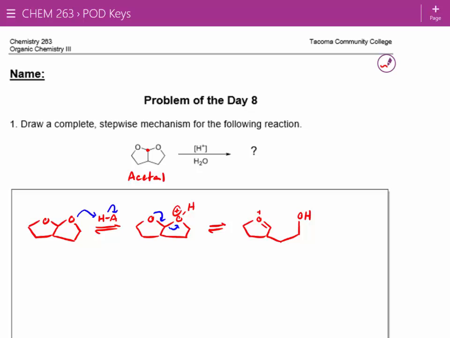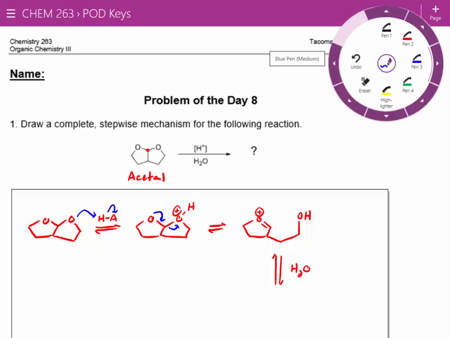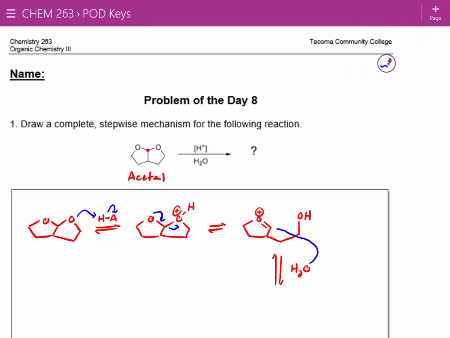And now this oxygen over here has a positive charge. What would the next step be? Yeah, adding water, right? Because we've got a new electrophilic carbon this water can add into. Kick up electrons.